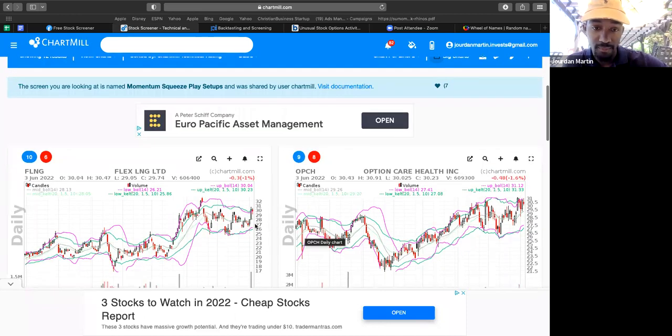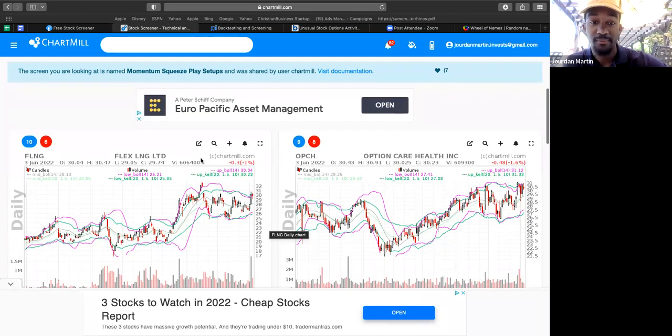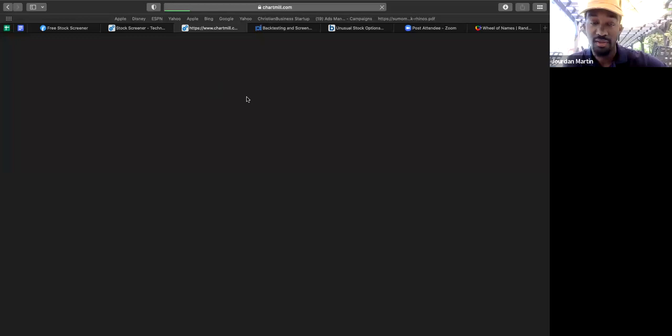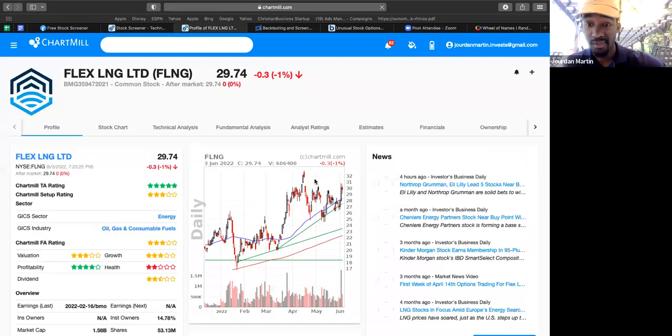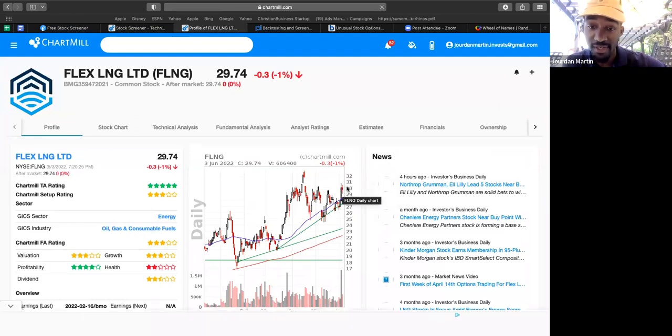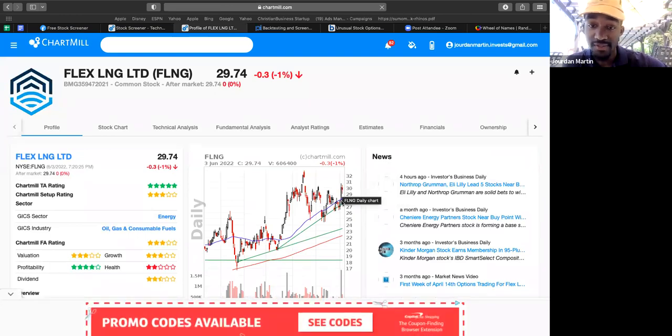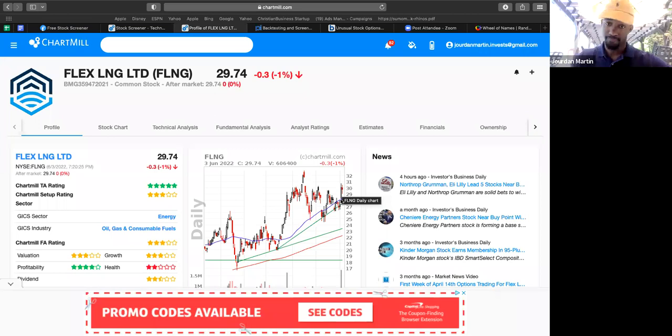So let's take this one for example. I'm going to use this as an example, but I'm going to say that what I just saw on it was different than Chartmill's actual setup. What I'm looking at is this inside candle off of this big breakout candle right here.